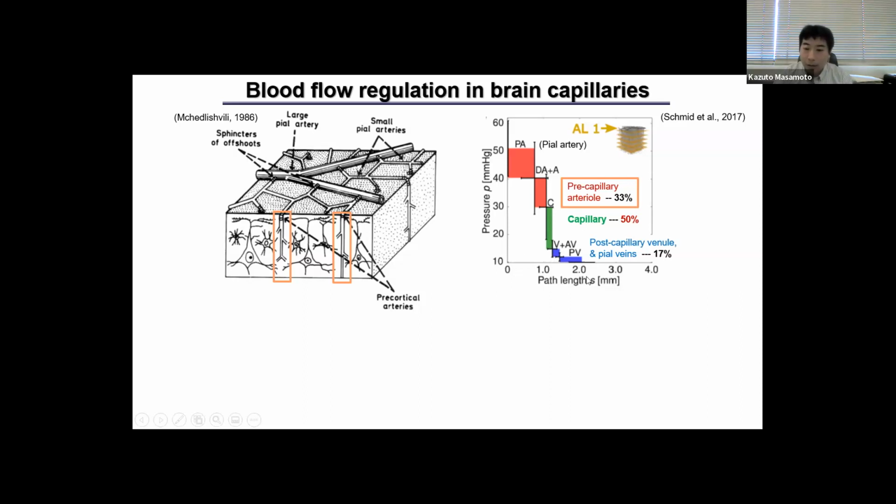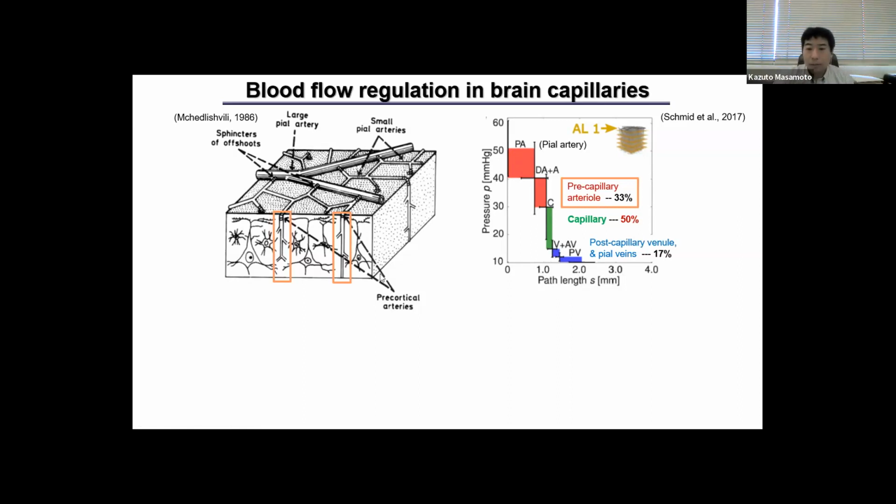This is a normalized length of each vessel. It shows how much the blood pressure changes along each vascular component. This is very important because it is the driving factor that produces the blood flow change.